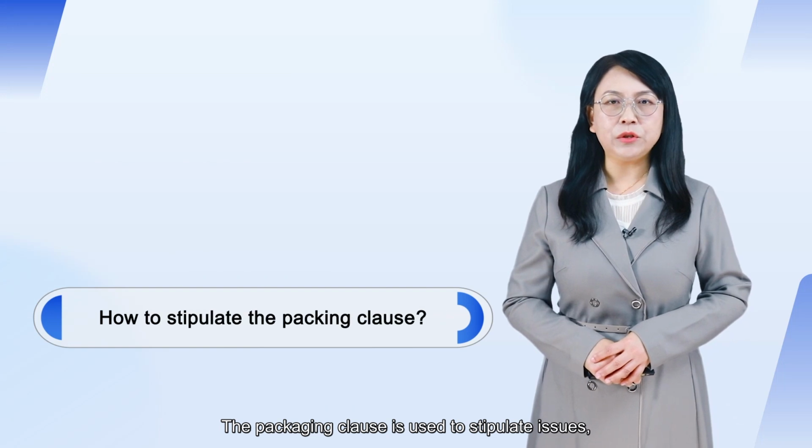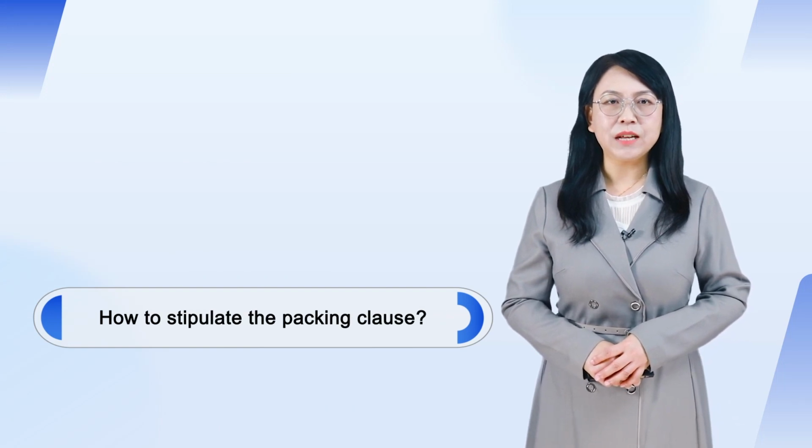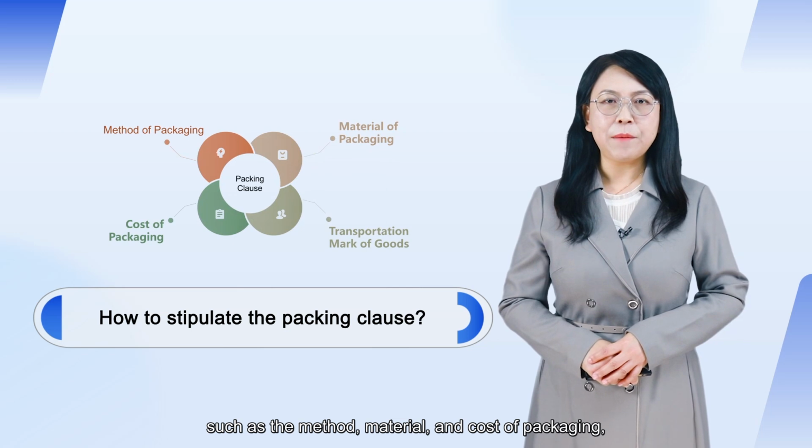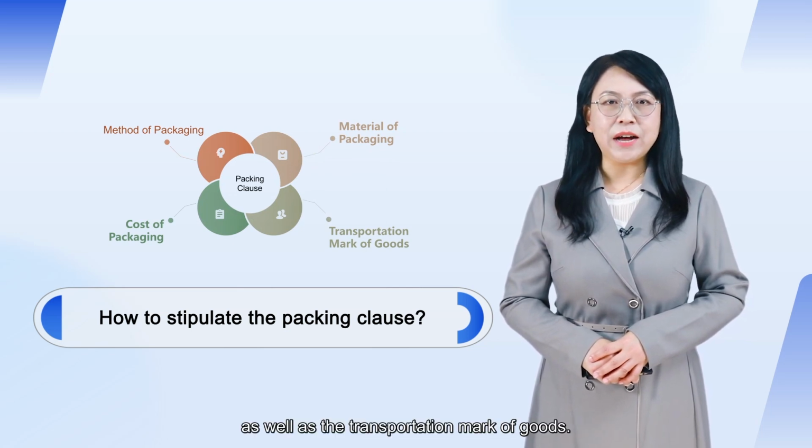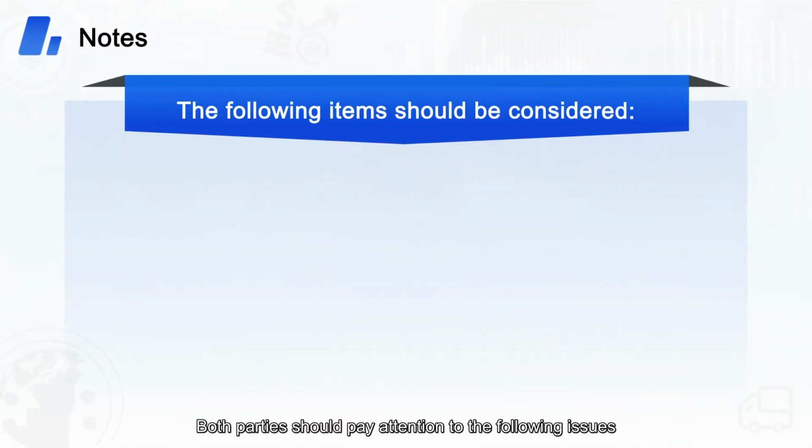Part 3. Packaging clause. The packaging clause is used to stipulate issues, such as the method, material, and cost of packaging, as well as the transportation mark of goods. Both parties should pay attention to the following issues when negotiating the packaging clause.